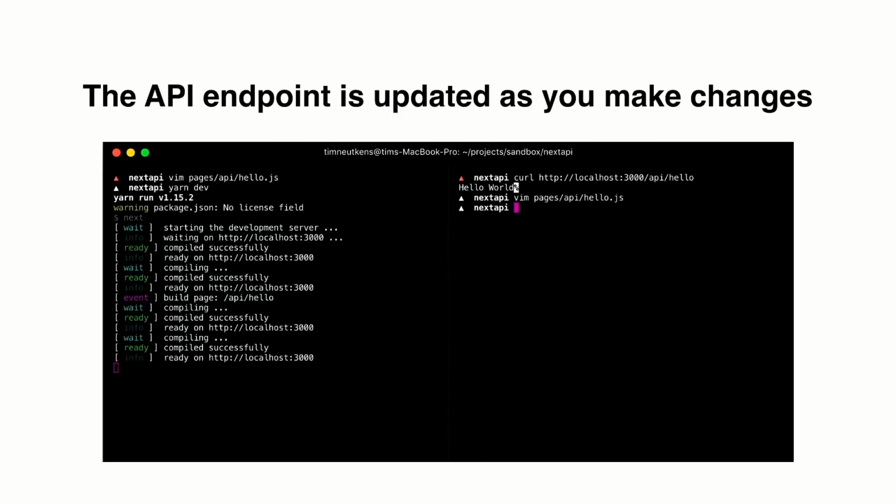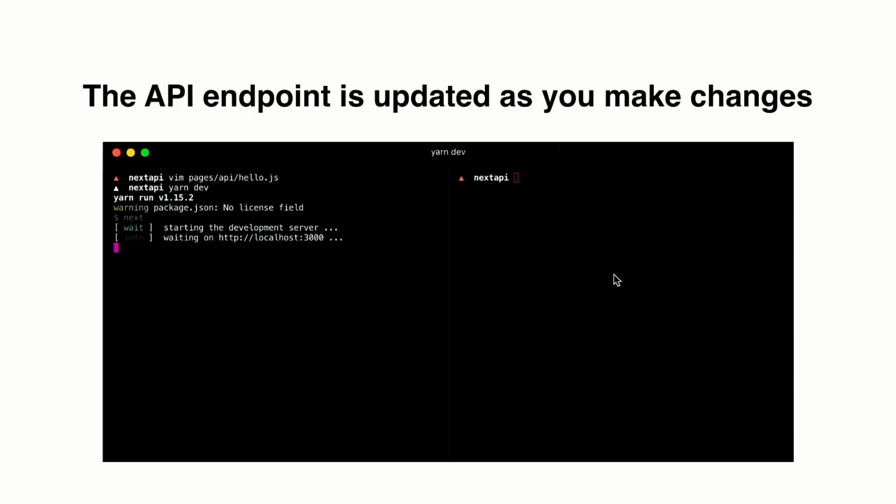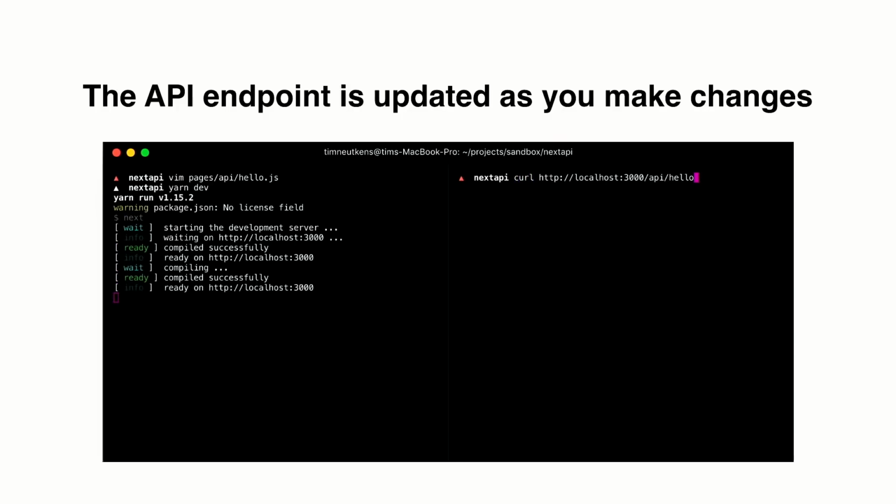There I sort of fail at closing Vim, as you all probably have done that before. And then I run curl again, and as you can see, it has updated automatically. We didn't restart anything. The API was built on demand, meaning that we didn't compile it until you requested it, and it's all hot reloaded by default.